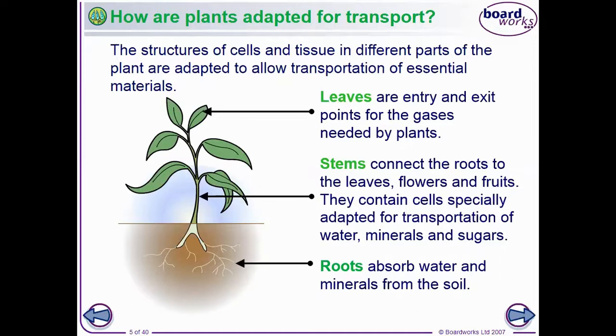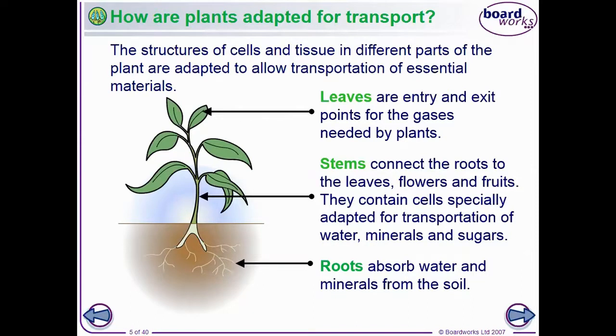The stem has a pretty basic function in that it connects the roots to the leaves, flowers, and fruit. It's basically the main highway when we start to look at transport. They contain the special cells that are adapted for transportation of the water, mineral, and sugar molecules that we looked at earlier in our illustration.